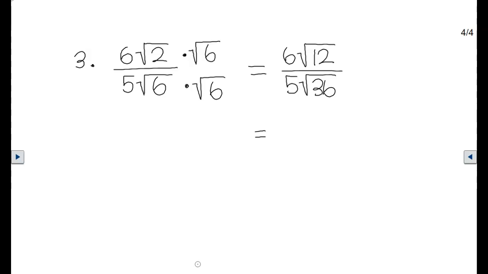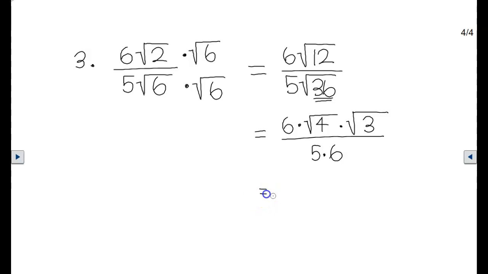Next up, we're going to see if we can simplify these square roots. First, we need two numbers that will multiply to give us 12. One of them has to be a perfect square. Has to be in the list, so it looks like that'll be 4 times 3. 36 is a perfect square, so we can go ahead and make that a 6. Square root of 36 is 6.